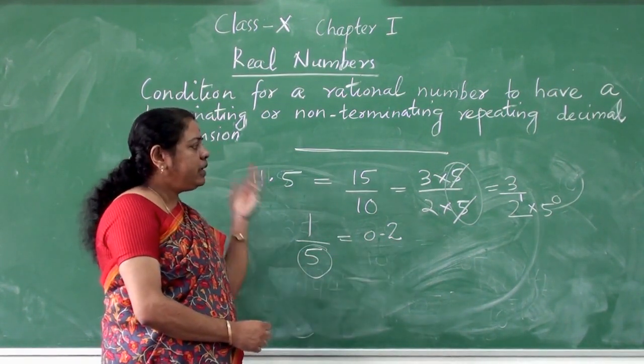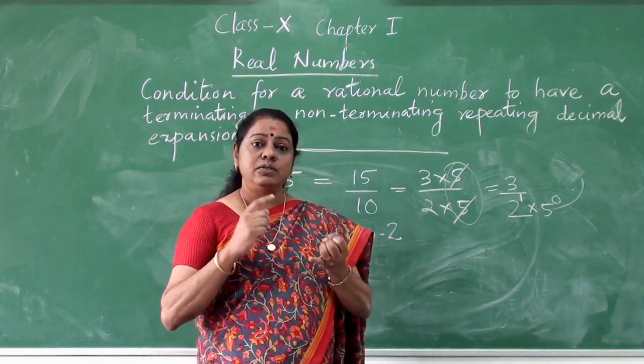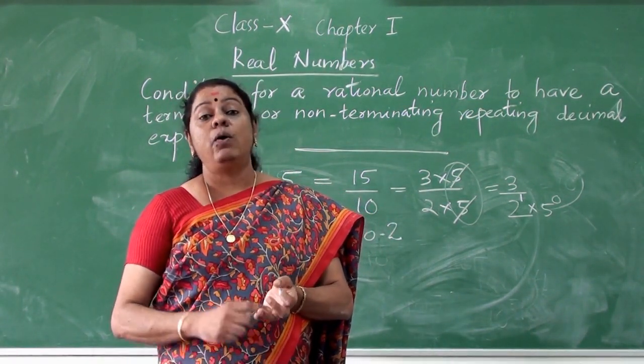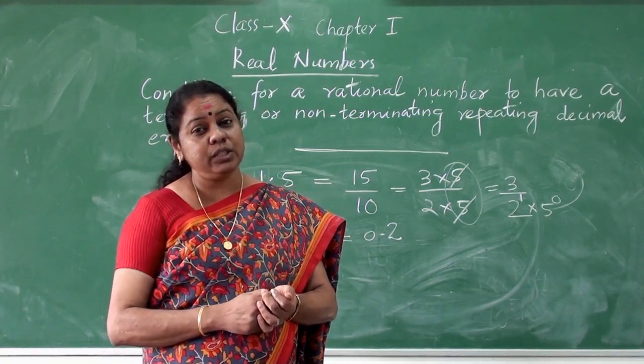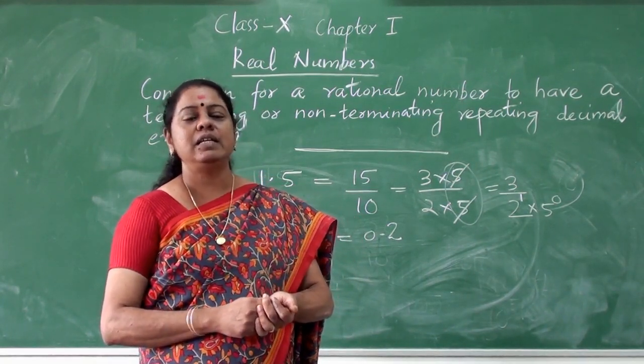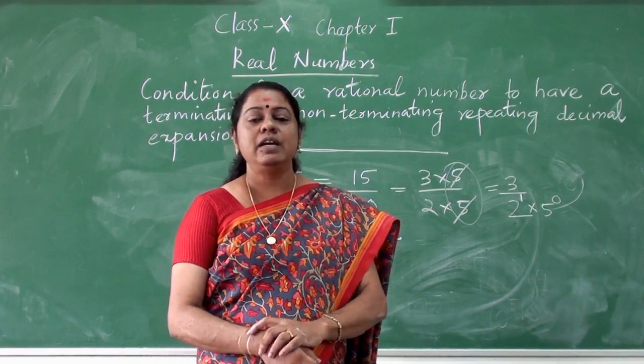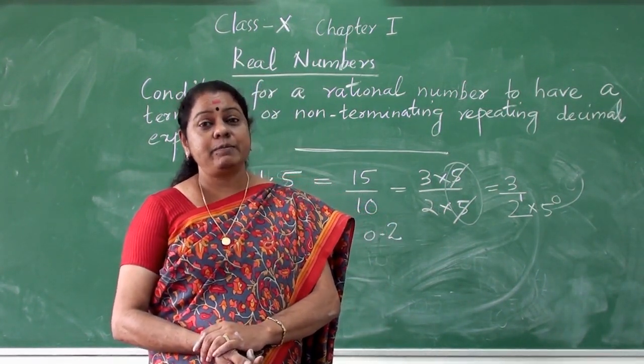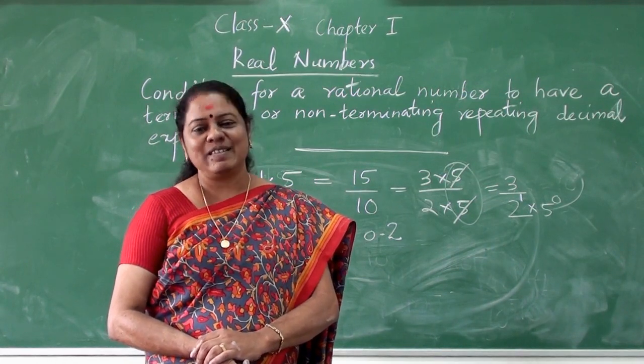Okay, so if the denominator has only 2's as factors, or only 5's as factors, or both 2's and 5's as factors, a combination of 2's and 5's, in all the cases, the decimal expansion of a rational number is terminating.